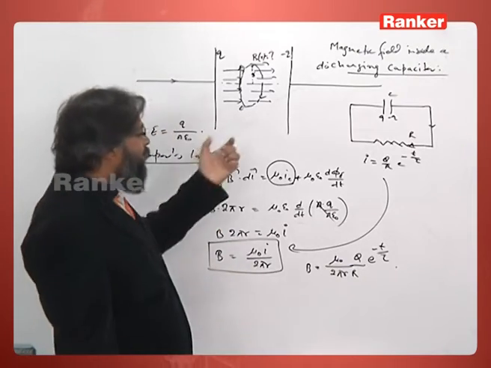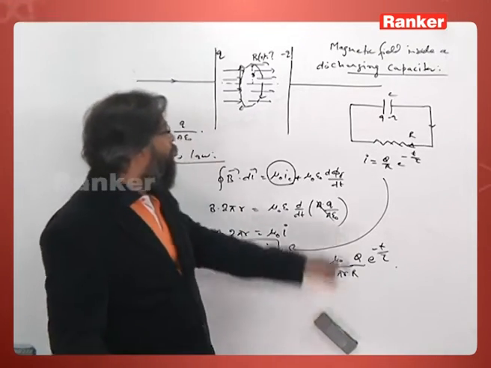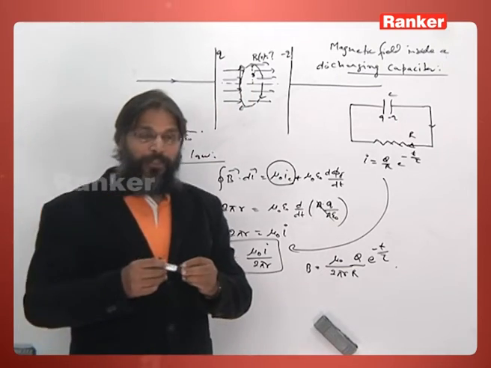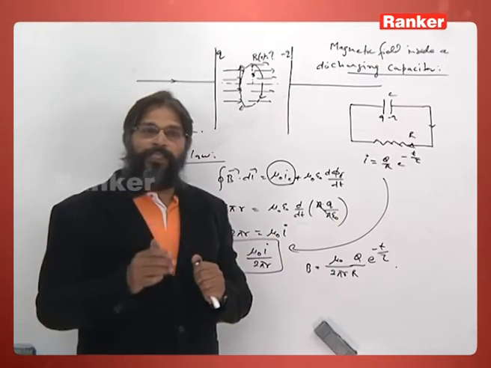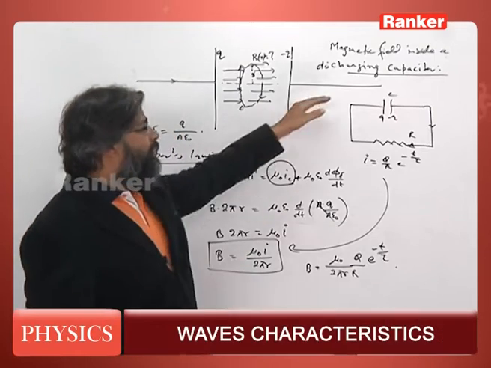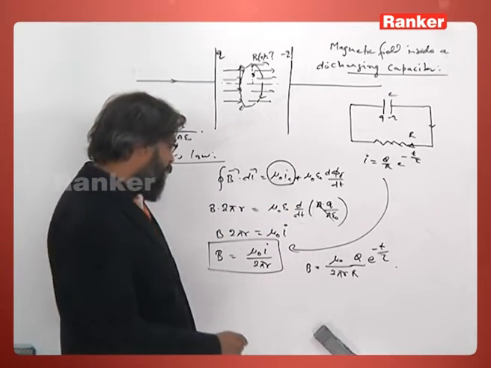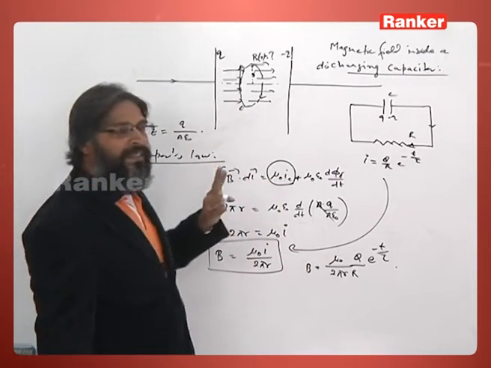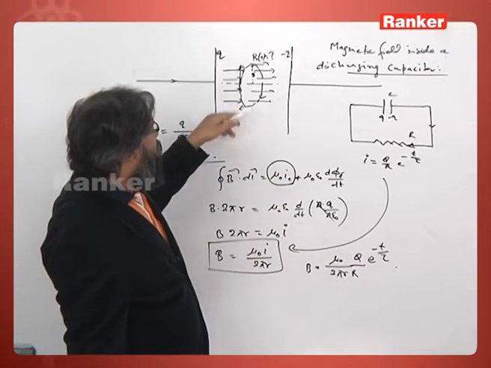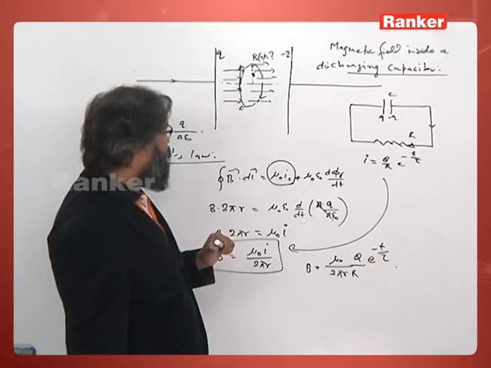That means theoretically we are able to establish that a magnetic field can be produced by an electric field. A changing electric field produces the same magnetic field which a conduction current can produce. So this is what the displacement current is and how the displacement current can produce a magnetic field in a region.